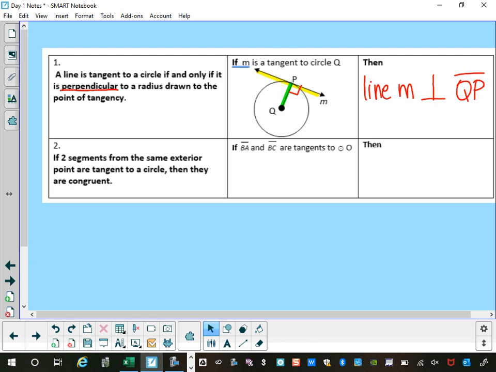The second part says if two segments from the same exterior point are tangent to a circle, then they are congruent. Alright, so you may have heard that it's impossible to freehand a perfect circle, right? Even though sometimes we think we can make a perfect circle, it's impossible. But I want you to try your best. Don't make a circle like this. And I'm going to cheat and use a circle tool.